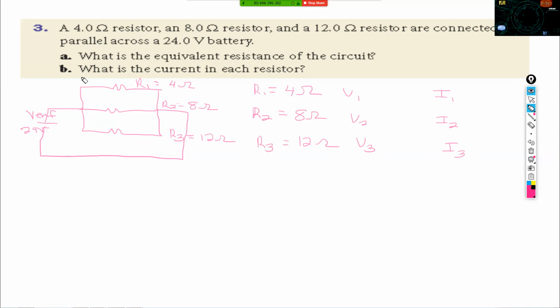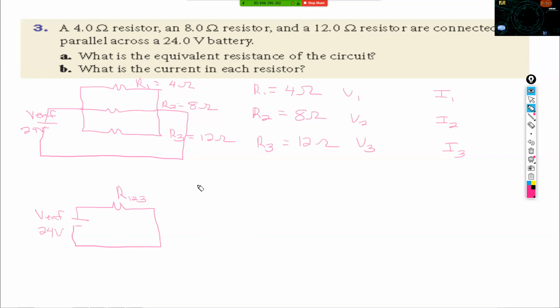Now, when I break them down into one single circuit, they're in parallel, but I can still combine them and replace them with this equivalent resistor. I'm still going to call it 1, 2, 3 to tell me it's 1, 2, and 3 combined. This is still my EMF of 24 volts.